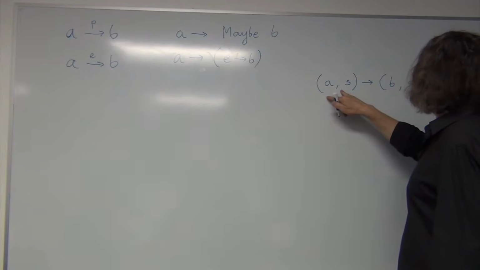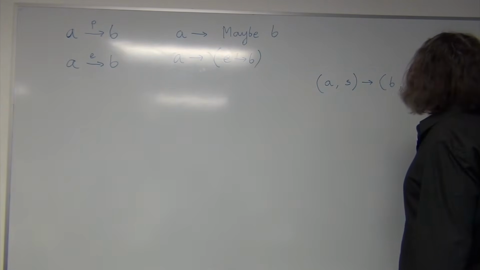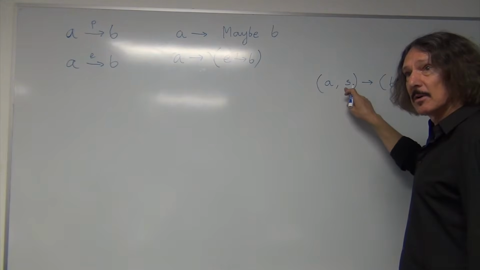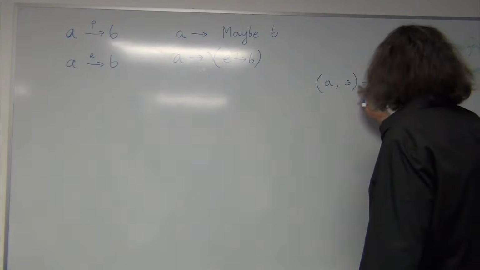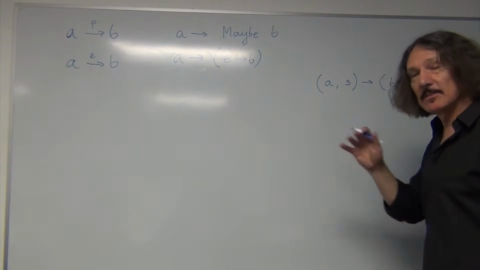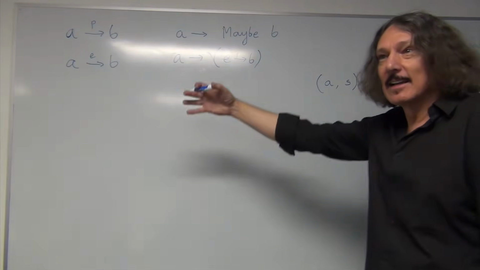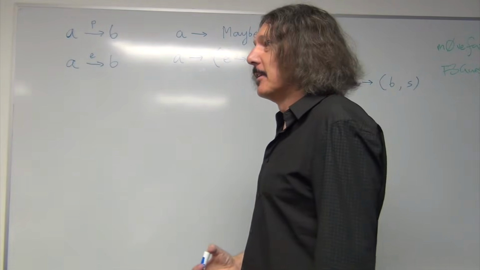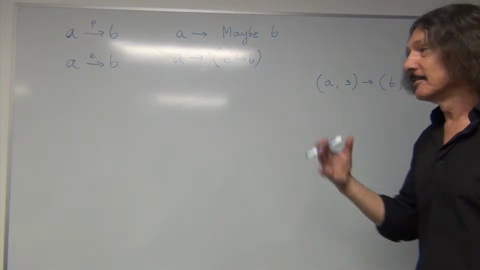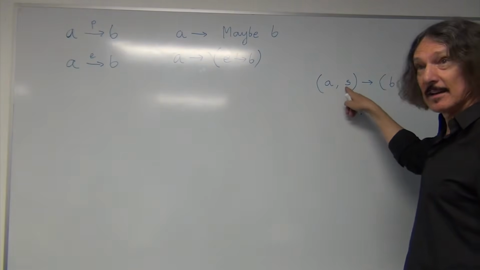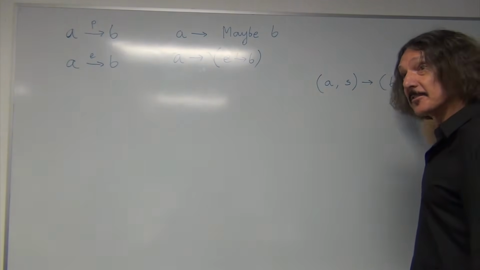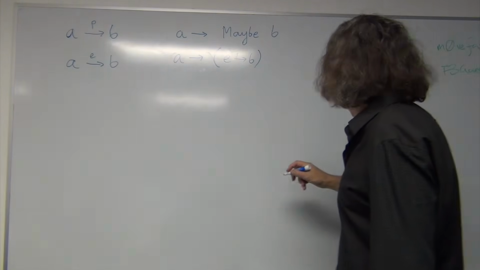F prime. No, type. It's the same type, right? It doesn't change the type of the state. Just picks one value from here and there's another value. Could be another value, right?